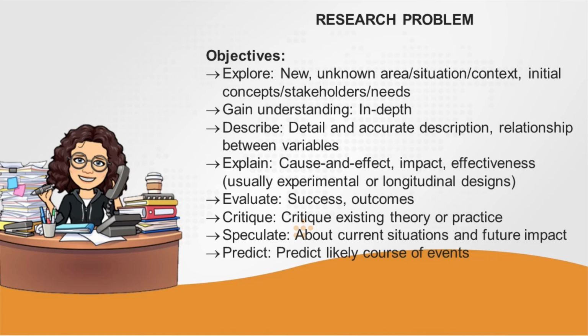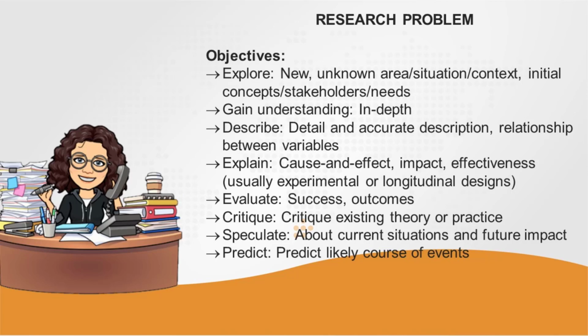Then there's the intention to gain understanding. This is if you set out to deeply understand and deeply delve into a specific communications phenomenon in order to understand people's experiences or to understand the phenomenon's processes or underlying structures or whatever your intention is to understand.